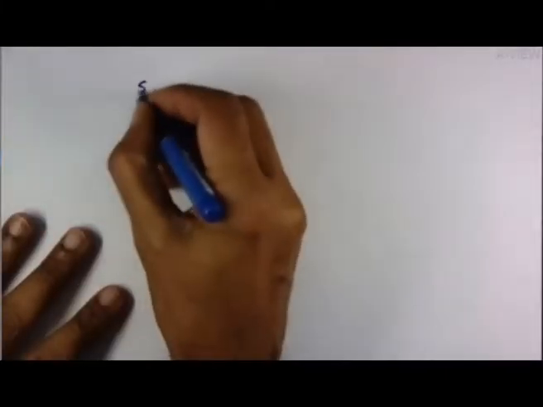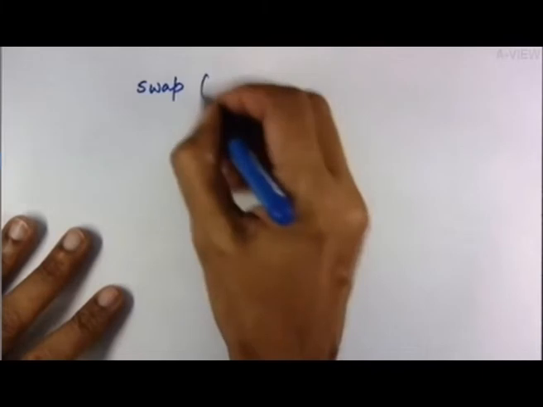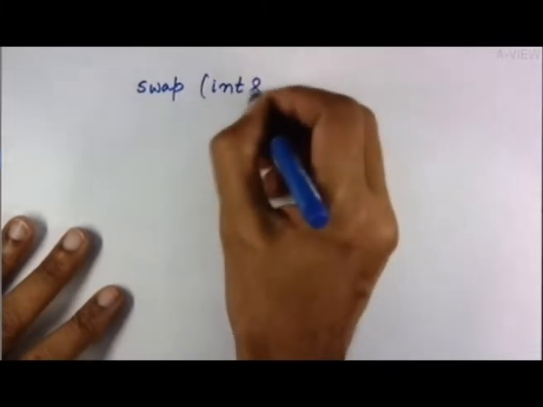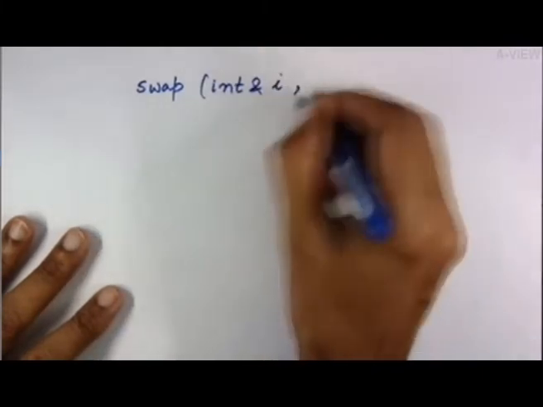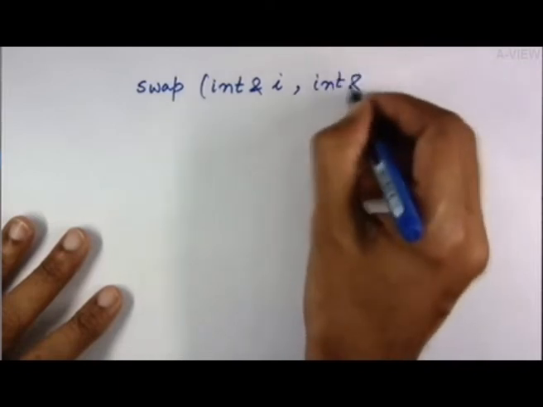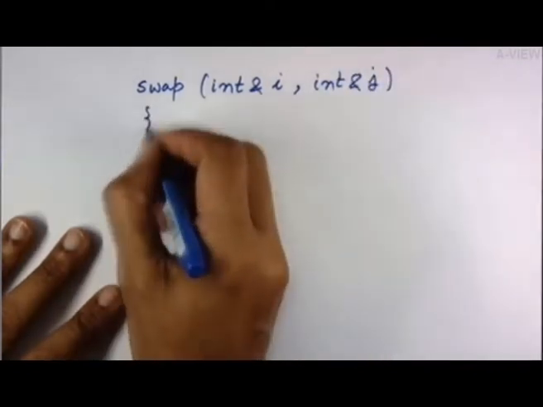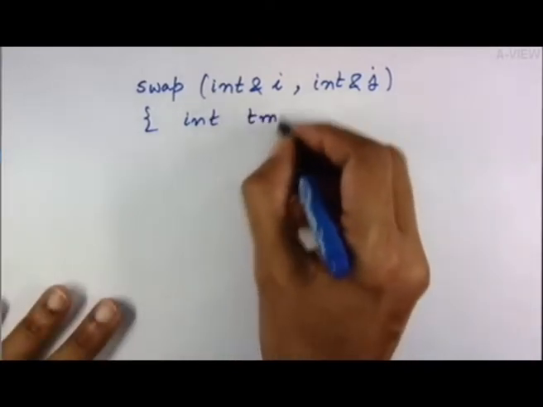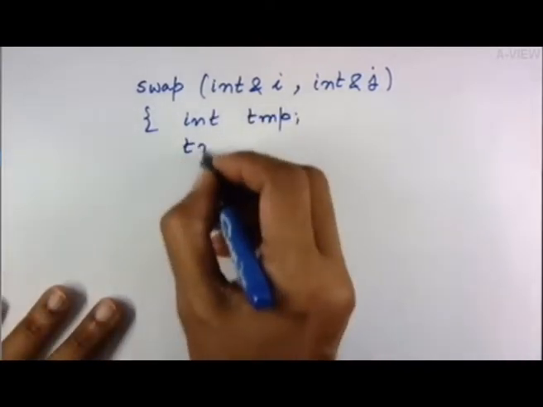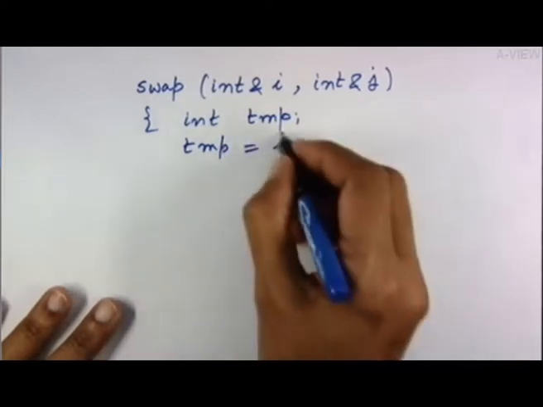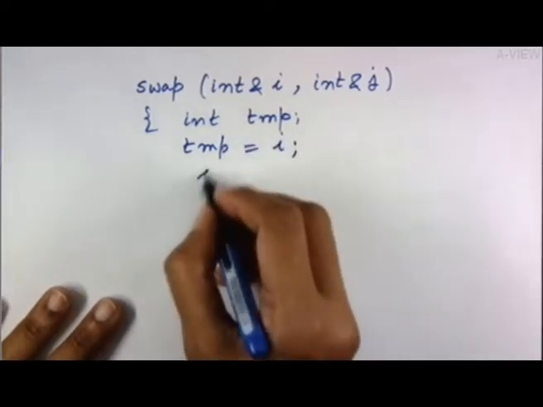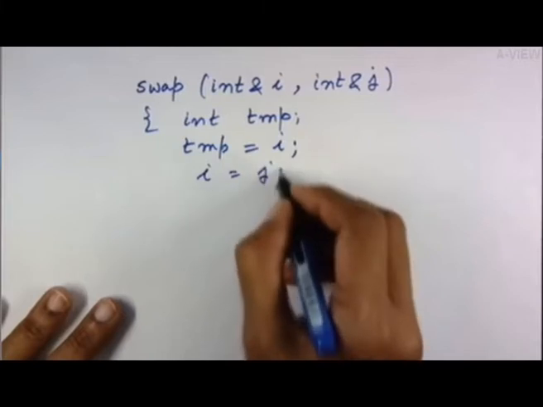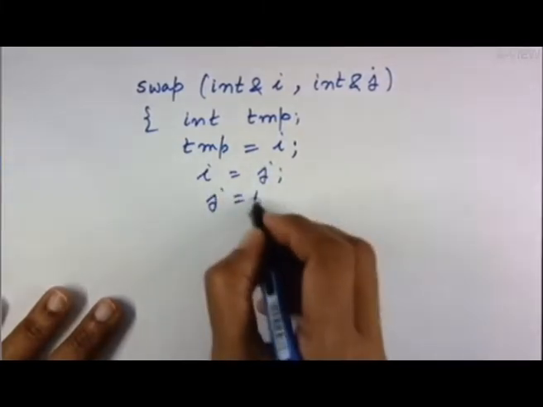So here is my swap function written for the last time. Since I have reference type, it is int ampersand I, int ampersand j, and the body is just like you would write for call by value: int tmp, store the value of I in tmp, I can destroy I, I equals j, and I put the value tmp.